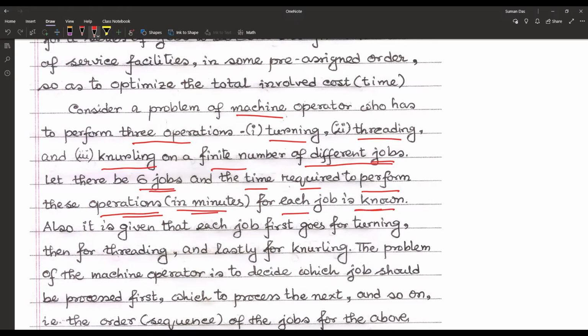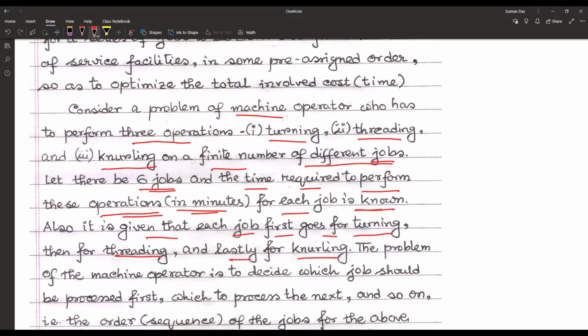So there are 6 jobs, and for these operations the time required for each job is already known. Also, it is given that each job first goes for turning, second for threading, and then for knurling.